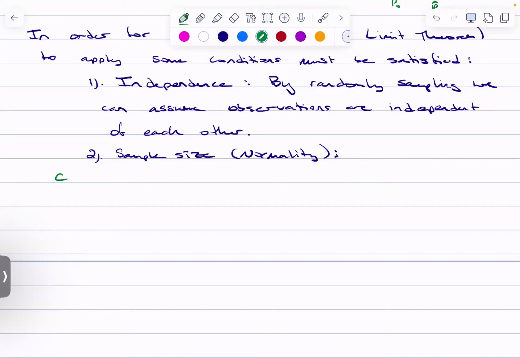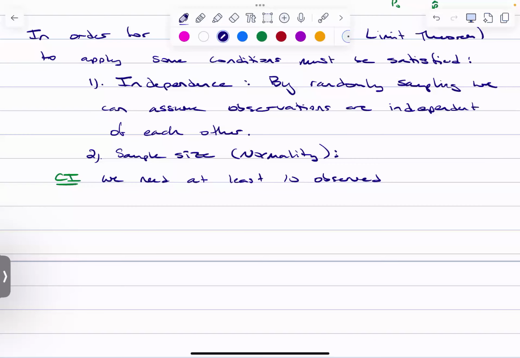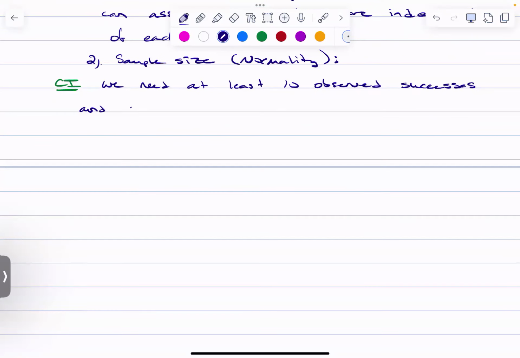For a confidence interval, we need at least 10 observed successes, and at least 10 observed failures.